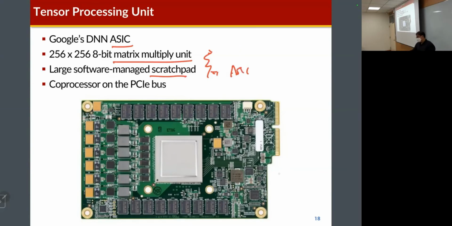And then TPU is a coprocessor. In order to run the neural network applications, these applications should be launched by the operating system, and also managed on the Google servers. So TPU is the coprocessor.